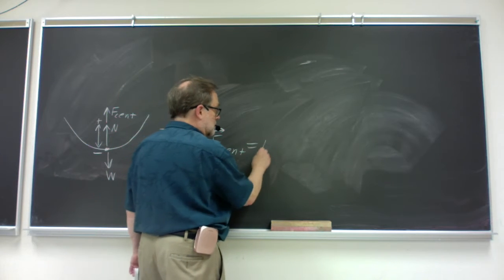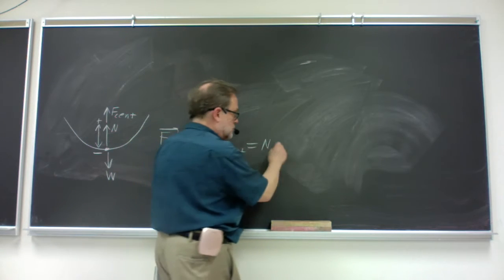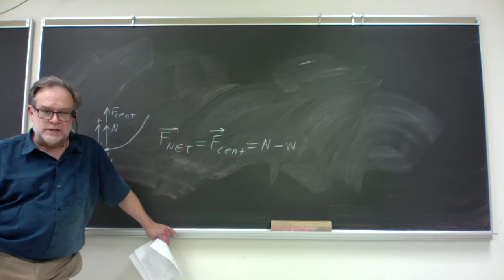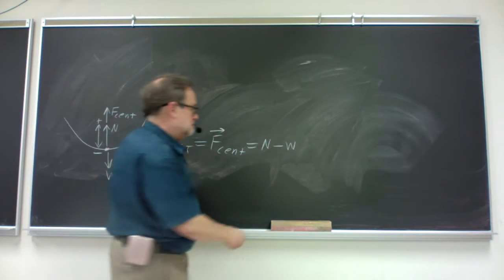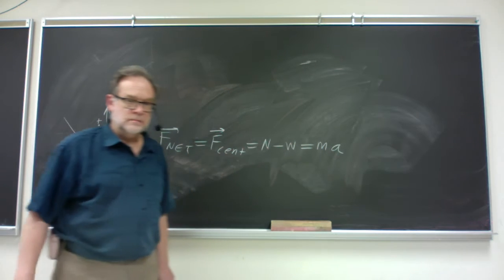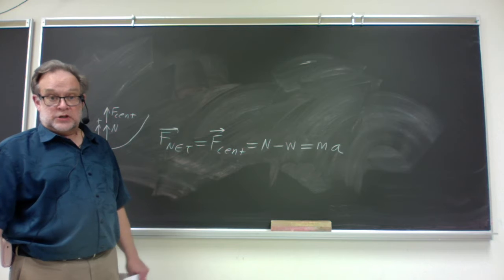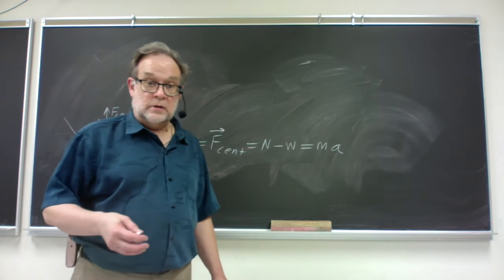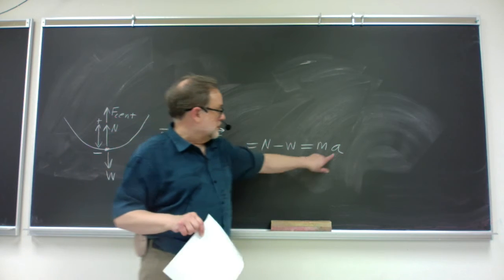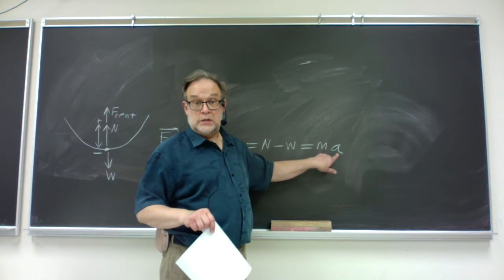So it's going to be the normal force in the positive direction, weight in the negative direction, and being a net force, that's equal to mass times acceleration. And there is acceleration because the velocity is changing. The speed isn't changing, but the direction of the velocity is changing. So that acceleration is not zero.